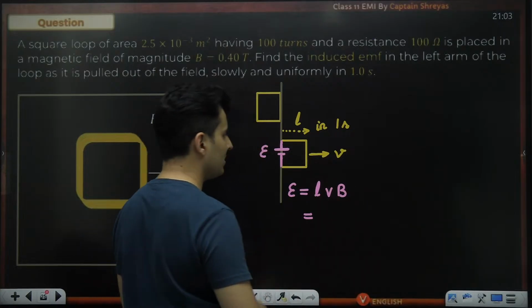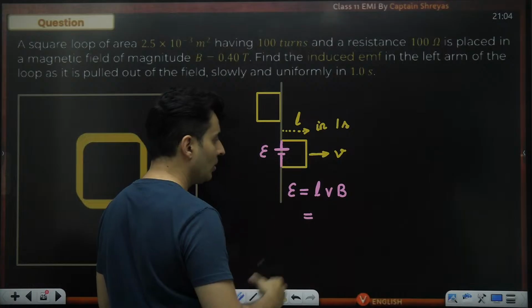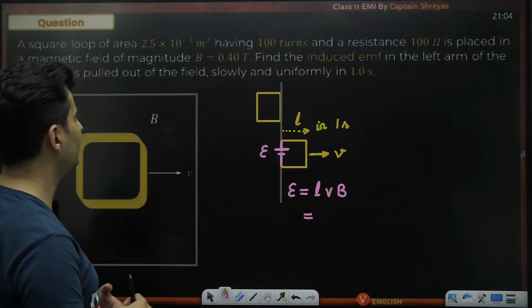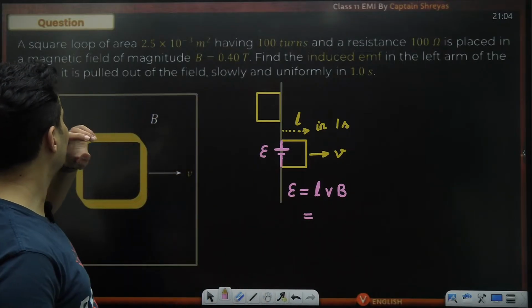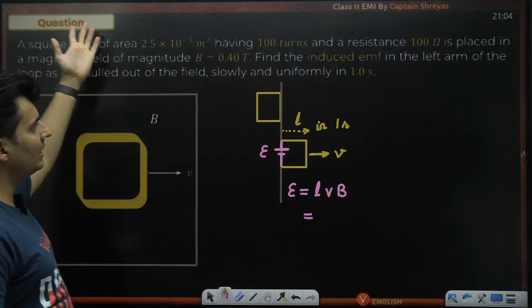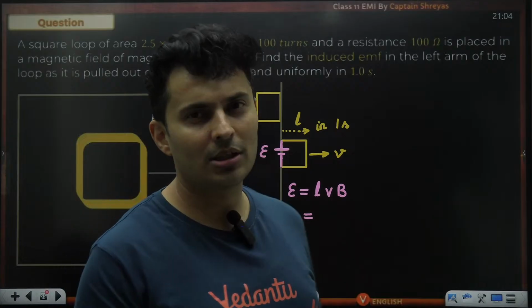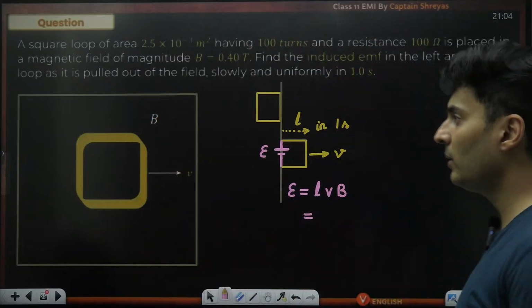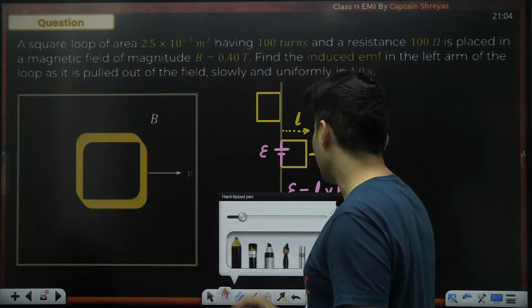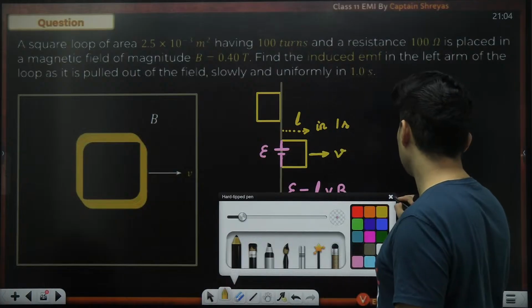I do not know. How much is the velocity? That also I do not know. How much is the magnetic field? I think that I know. Magnetic field is given. I think the area is given for that reason only, because from that area, what can we figure out? The length. Yes.